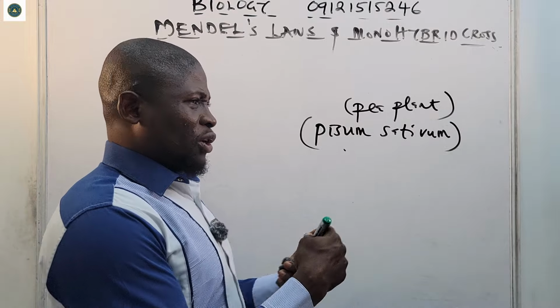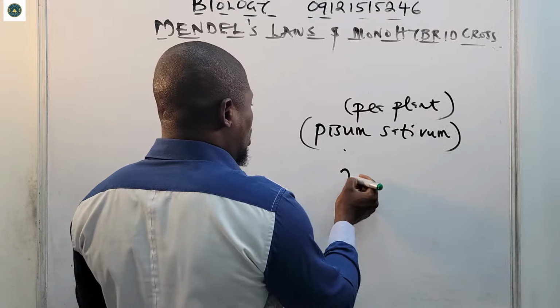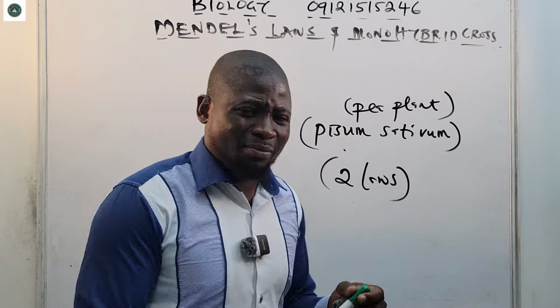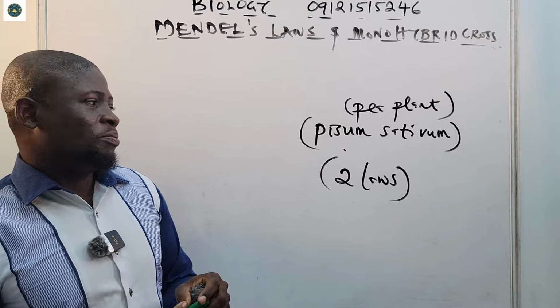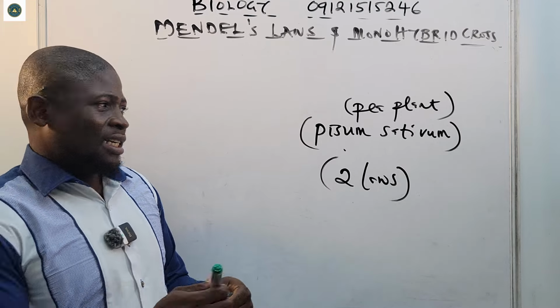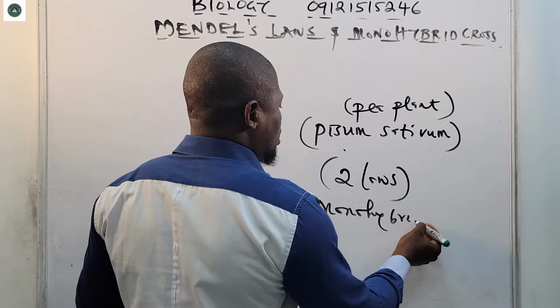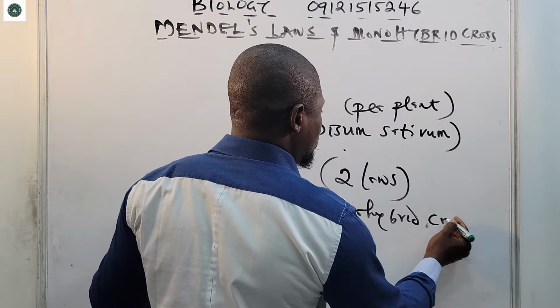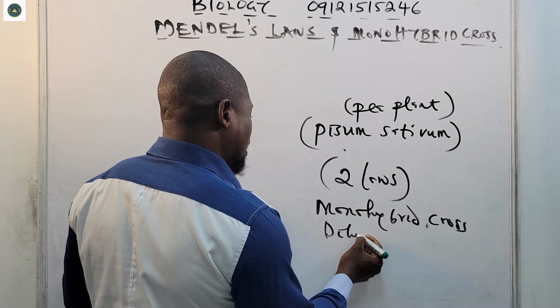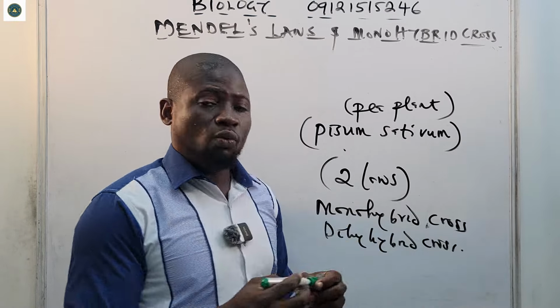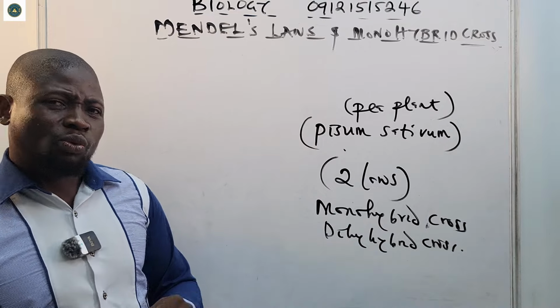From that he was able to propose two laws: the law of segregation and the law of independent assortment. Aside from these, he went ahead to develop the monohybrid cross, and also the dihybrid cross as well. All right, so these were all the works of Mendel.